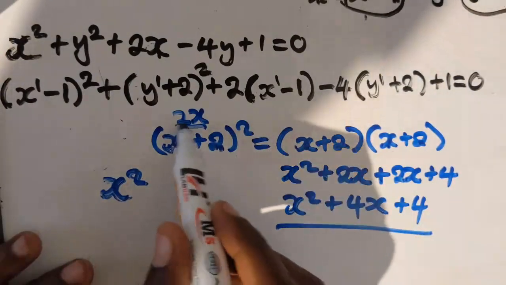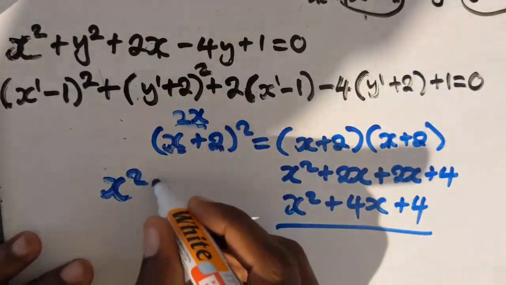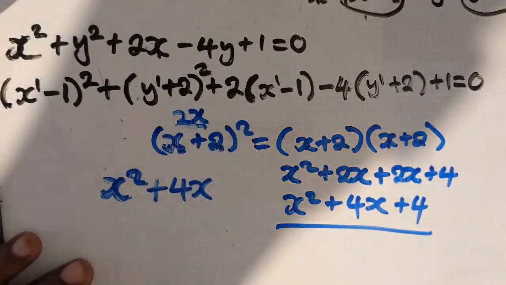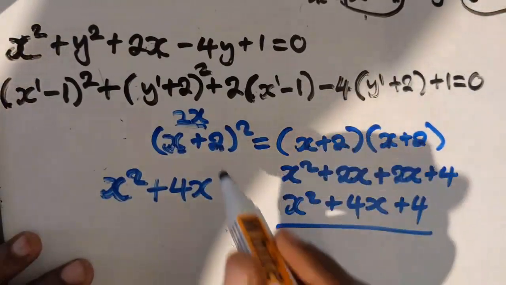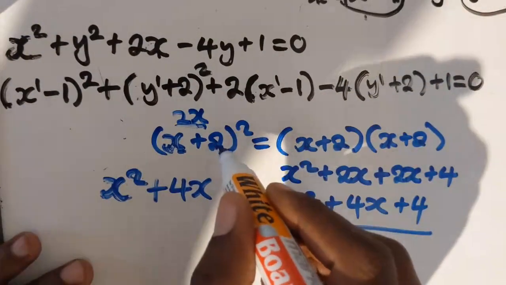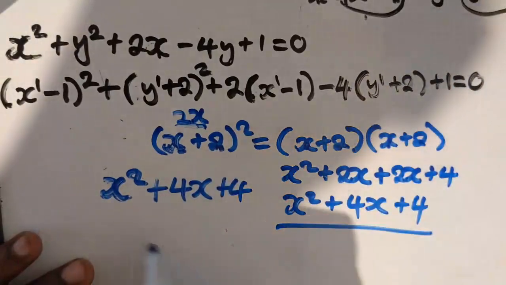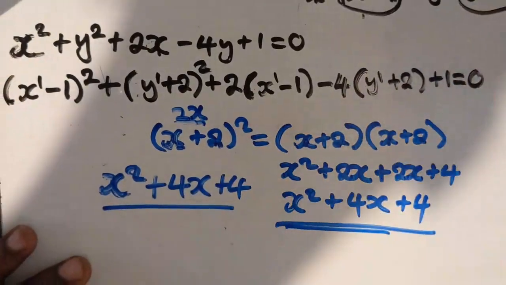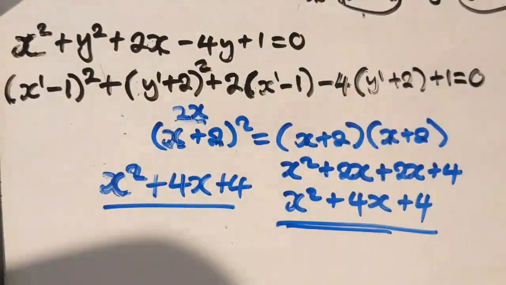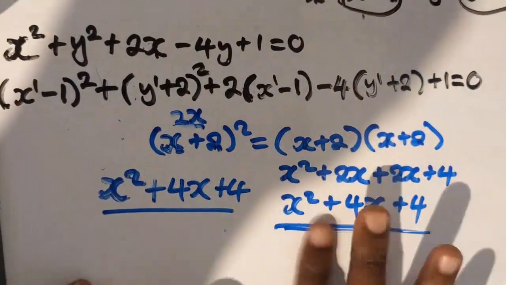When you multiply 2x times 2, it is going to give you 4x. Then you square the last. So 2 squared, this is the last value, is going to give you 4. So this answer is the same as that answer. That is how you can expand this kind of question in the shortest way.